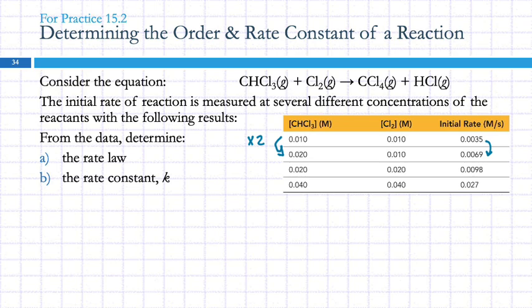Others are not so good at that, which is fine. Let's take 0.0069 and divide by 0.0035, and that gives us 1.97. So does that mean that we have to do something complicated, or could we round that to 2? We can round that to 2.